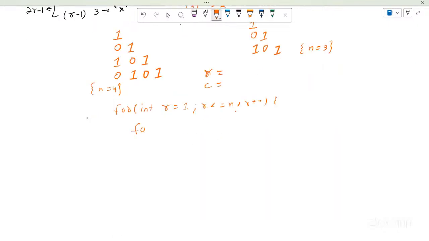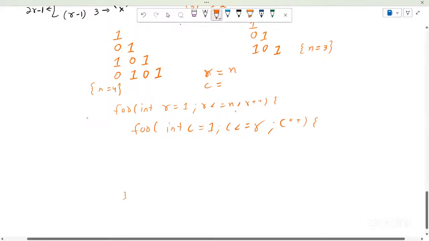And over here, what about c? C is equal to r and c plus plus. Now can I say that there are two things which I am printing? Either I am printing 0 or I am printing 1. Agreed?